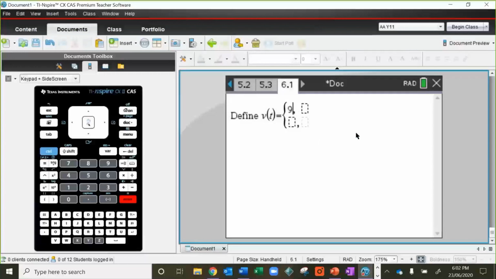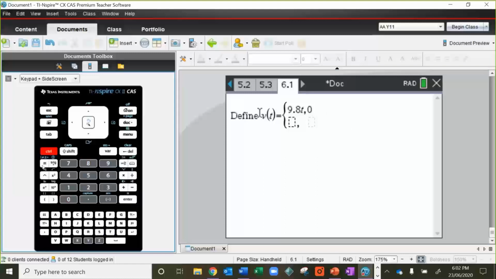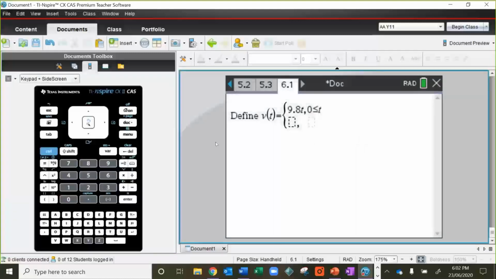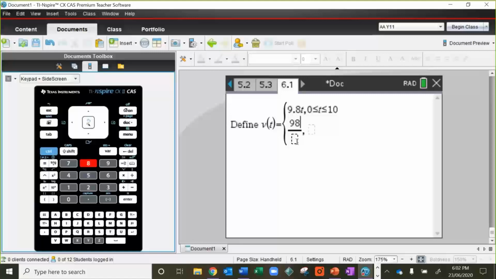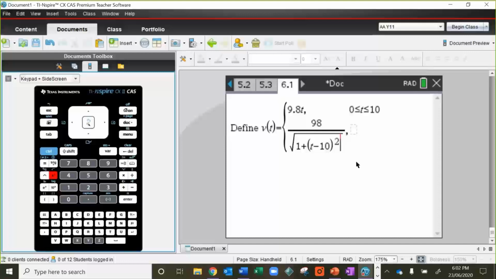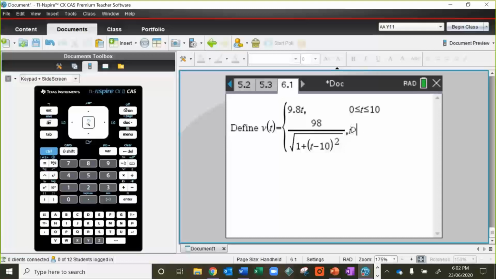That means that it's 9.8t, and we go 0 to t and to 10, and then we have the formula 98 over square root of 1 plus (t minus 10) squared, and this is when t is greater than 0.